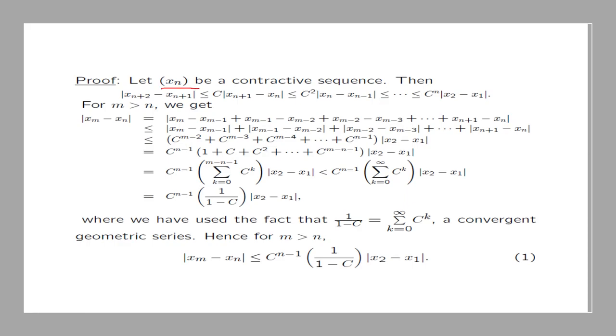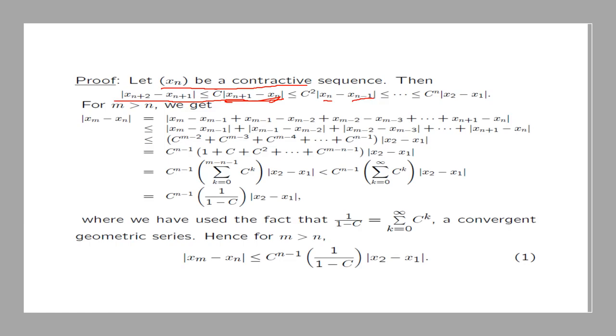Assume that xn is contractive. Then, by definition, the distance between xn plus 2 and xn plus 1 is less or equal to c times the distance between xn plus 1 and xn. But then, again from the definition, the distance between xn plus 1 and xn is less or equal to c times the distance between xn and xn minus 1.